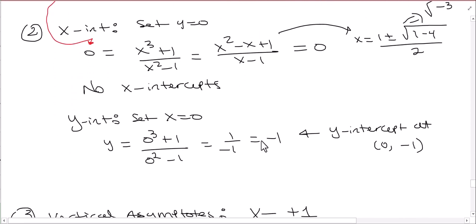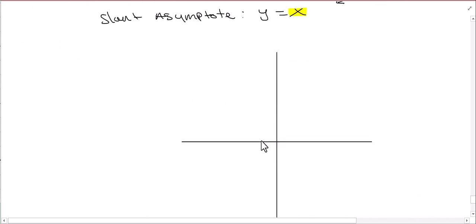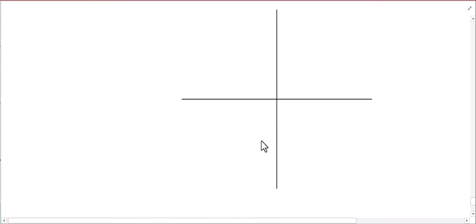And so we can plot all those things. We have a y-intercept at negative 1, so the graph is going to go through there. We have a vertical asymptote at x equals positive 1. We have also our slant asymptote, which is the line y equals x.